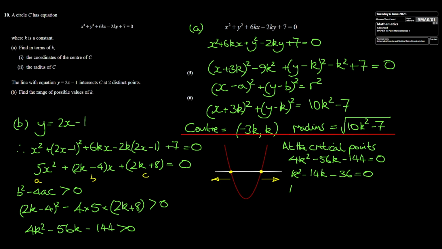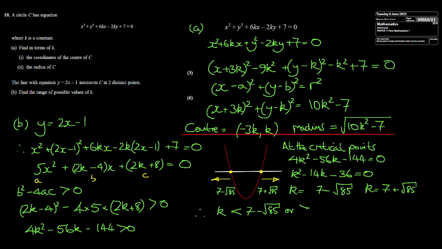Factorising this, I get that k is equal to 7 minus root 85, and k is equal to 7 plus root 85. So therefore I can say that k must be less than 7 minus root 85 or greater than 7 plus root 85. And that's the answer.